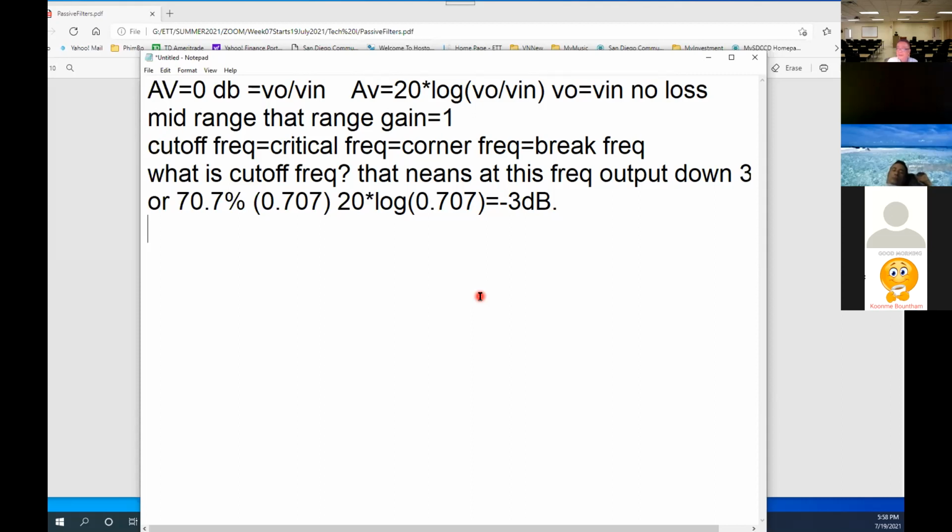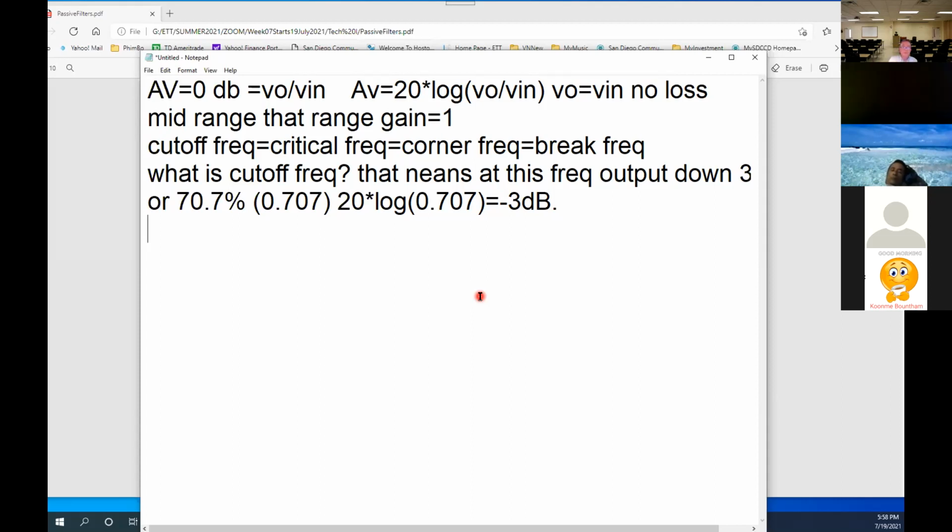Then you get 7.07 volts. You can see the difference when they're talking about minus 3 dB, but you cannot use minus 3 dB to do your calculation. Remember, you have to use 0.707.